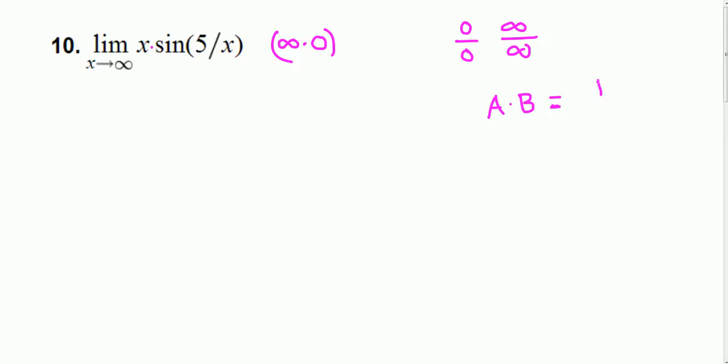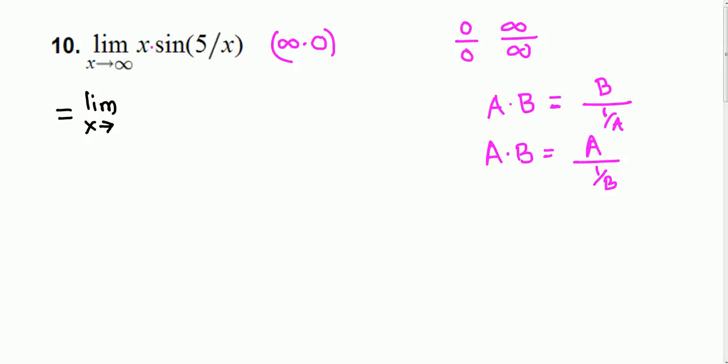We can keep b on the top and put 1 over a on the bottom, just the reciprocal of a. If you change this division into multiplication, you get back to a times b. Or you can keep a on the top and put 1 over b on the bottom, same thing. So let's make this a fraction.